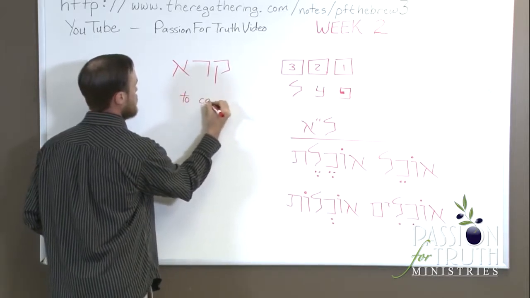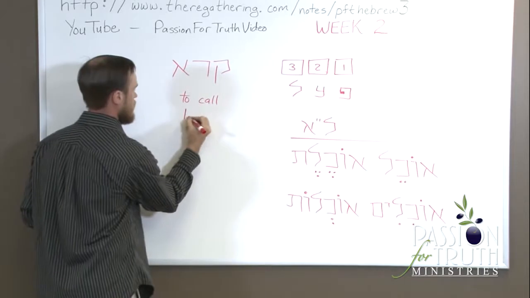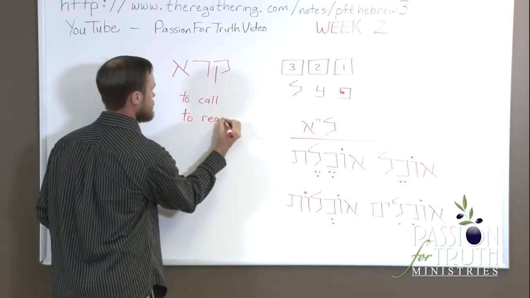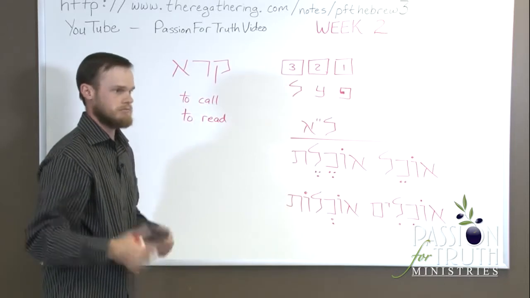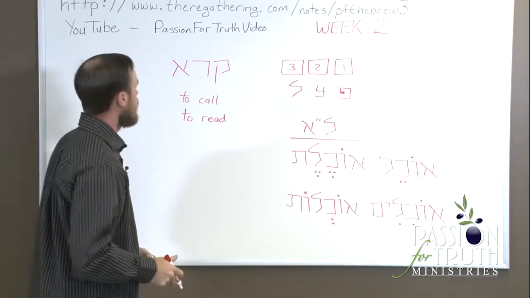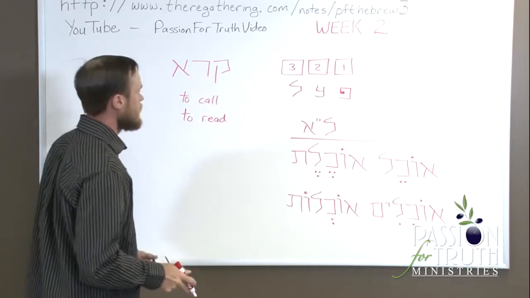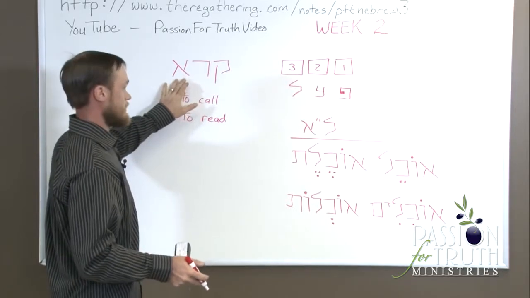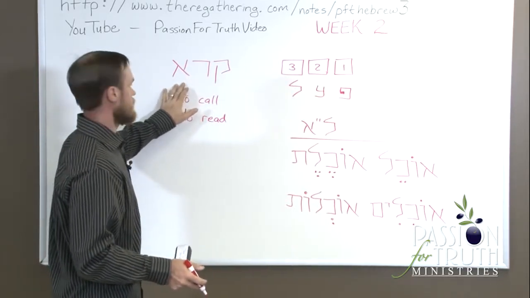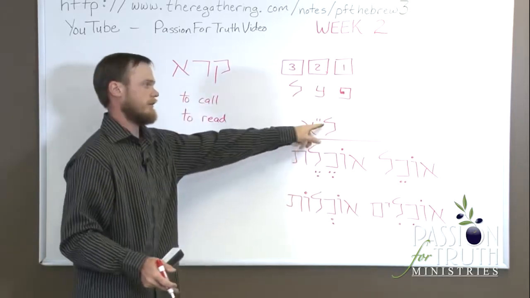It can mean to call, and it can also mean to read, in the sense of reading aloud. We will use it in both senses. You'll notice that the third radical, the lamed radical, is an aleph, so this belongs to the gizra lamed aleph.